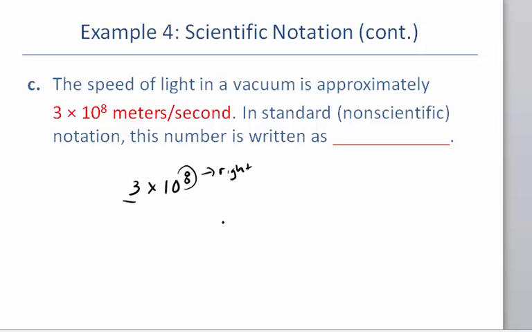We write our number down, and the decimal place sits right beside the 3, and we're going to move 8 places to the right: 1, 2, 3, 4, 5, 6, 7, 8, and we add zeros in each of these spots. And so our number in non-scientific notation would be 300 million.